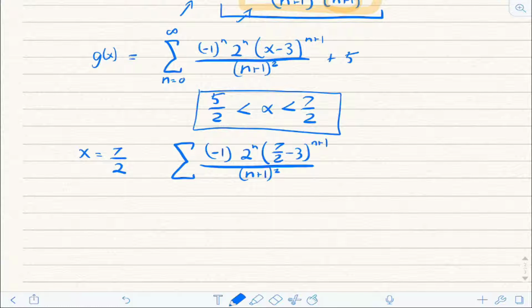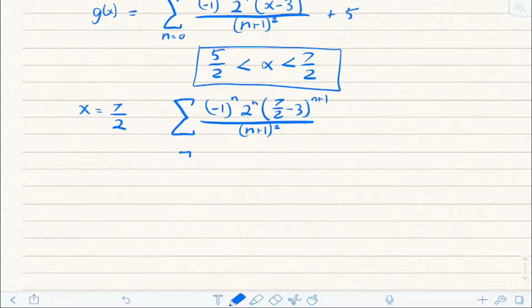Now, this is going to yield a 1/2 to the n plus 1, which is actually just going to leave us with a 1/2 and some other things. So I will set this up.